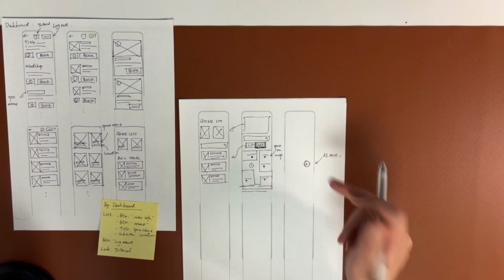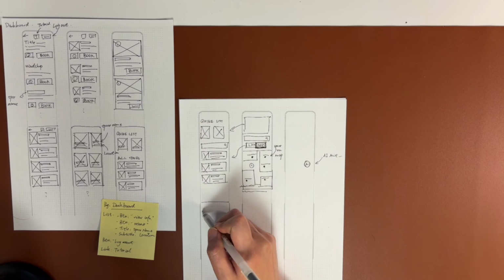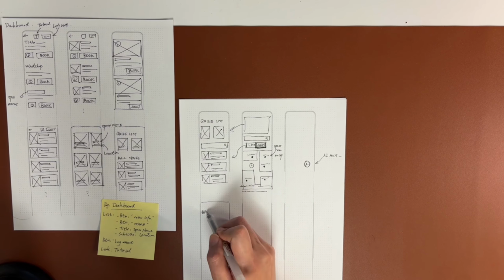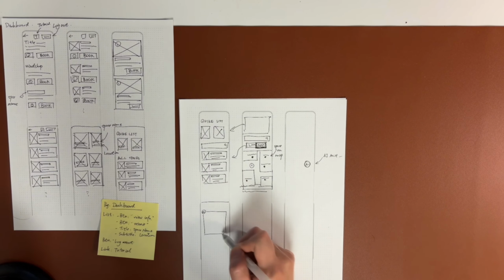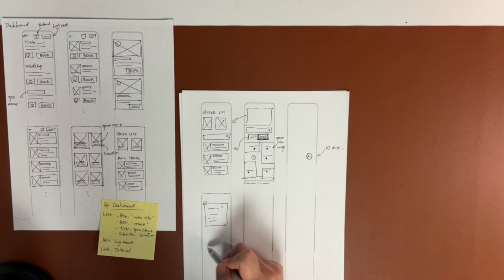When the user taps on it, they can display a dialog here. What can I do for you? And then the user can describe what they need.